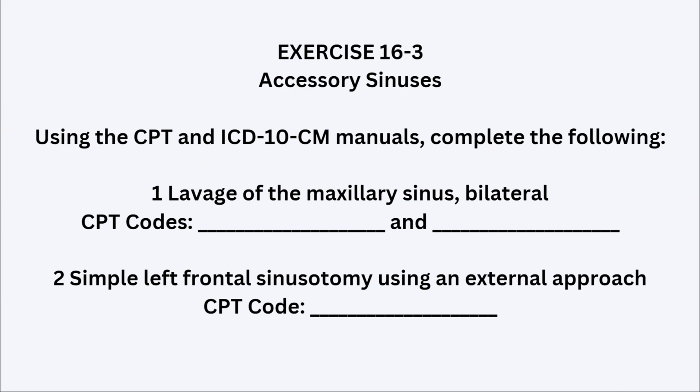Okay, so we don't have a lot of choices. We have frontal sinus, which matches up, and it gives us exploratory, and it gives us 31070 through 31075, non-obliterative, 31086 to 31087.